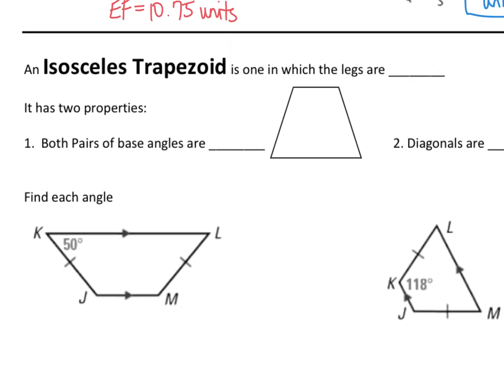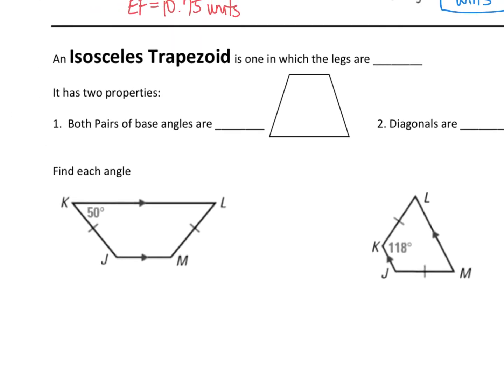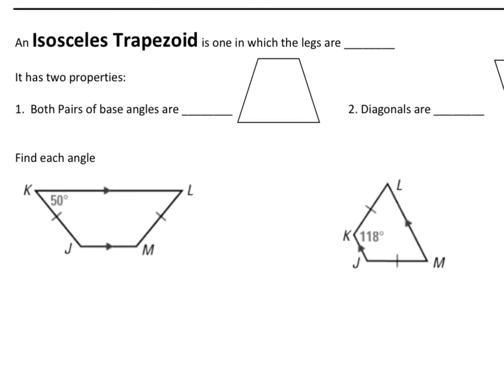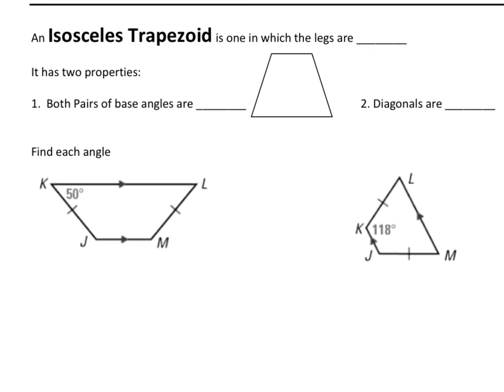So we have a special kind of trapezoid called an isosceles trapezoid. An isosceles trapezoid is one in which the legs are congruent. It has two more properties. Both pairs of the base angles are congruent.